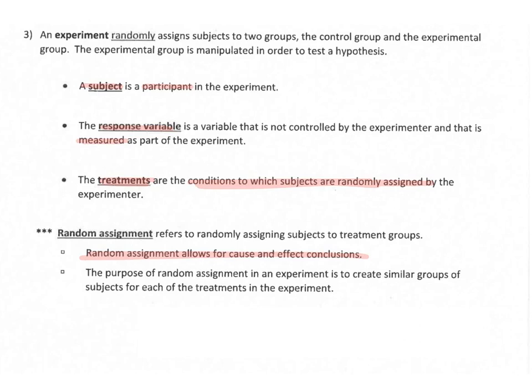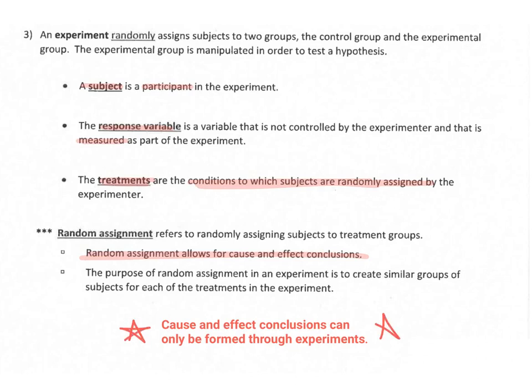Also, one other thing I want you to write on your paper, and I really want to put a star next to this: cause and effect conclusions can only be formed through experiments. So saying that the reason this effect is happening is because of this cause can only be formed through experiments.